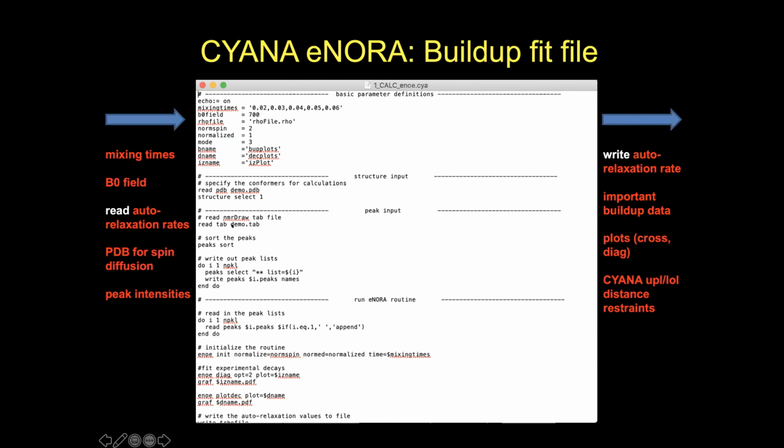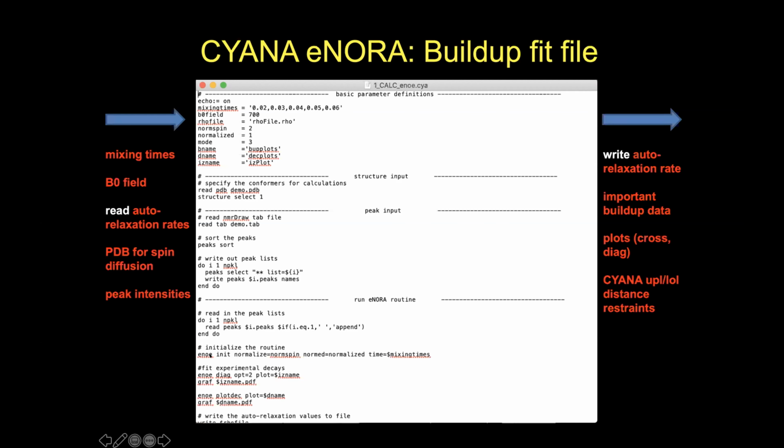And here you read in the intensities. Either you do that in the form of the tab file that you would obtain from NMRDraw, and this then will be converted into the peak lists, which is really the XEasy format and therefore also the Cyana format. Or alternatively, you can skip all this and directly read in the peak file. That works as well.